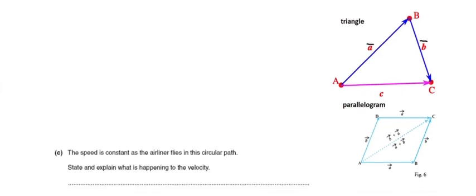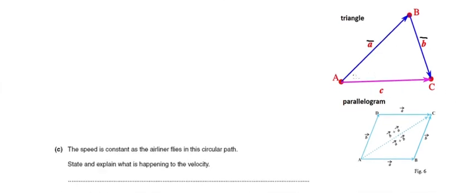Here you can see vector A is drawn, suppose directed towards point B. I will say this is the tail of the first vector, and this is the head of vector A. And here this is vector B. This point B is the tail of vector B, and C is the head of vector B, because it is directed from point B to C. It is moving in this direction, B to C, and from A to B.